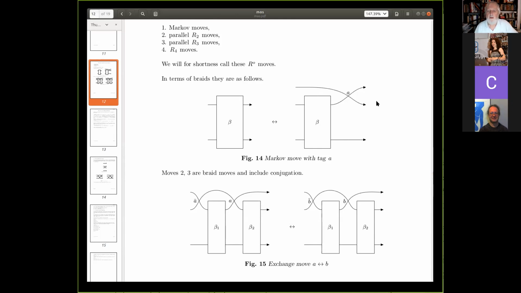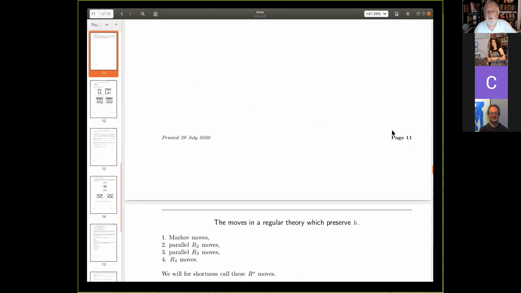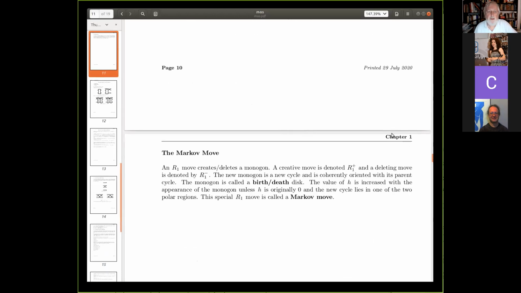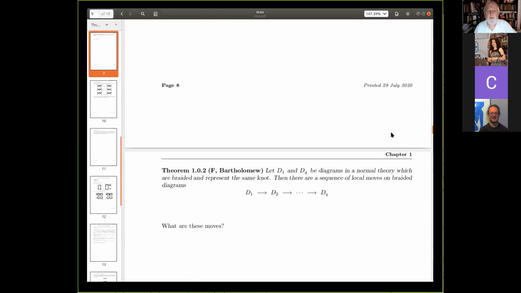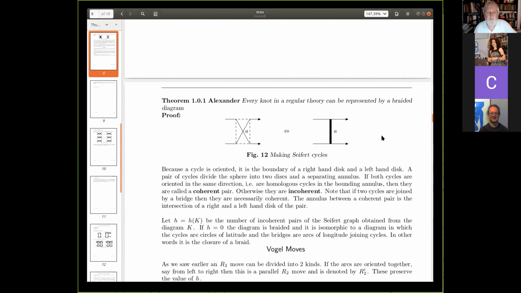So I'm presuming that this is based on Vogel's theorem, or a version of the Alexander theorem. Well, it was Vogel's paper in the Commentarii Helvetici, where I think he proved the Alexander theorem, but of course that was just for classical knots.